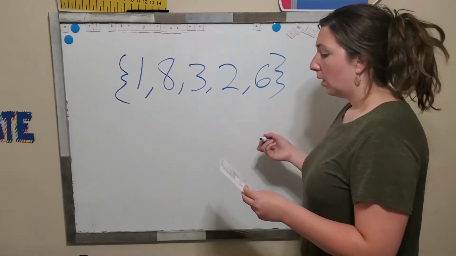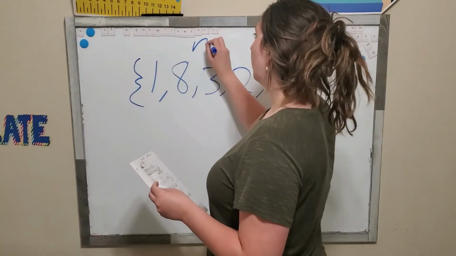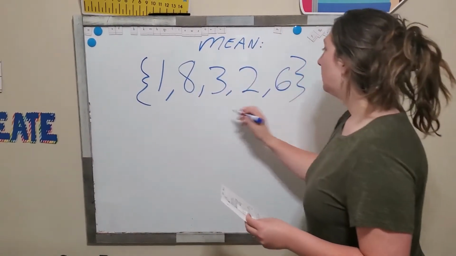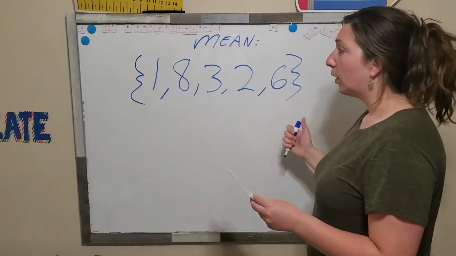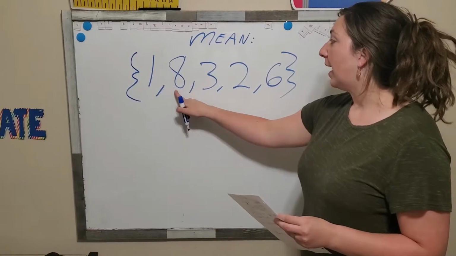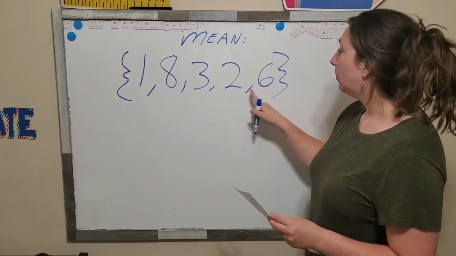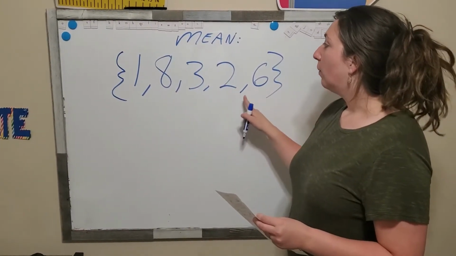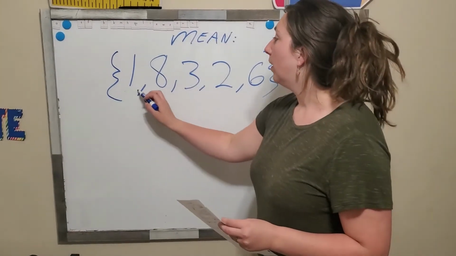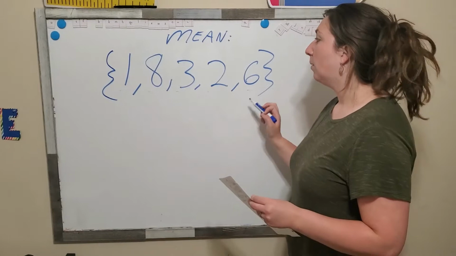If we want to find the mean, we simply add 1 plus 8 plus 3 plus 2 plus 6, and then divide by how many numbers are in the set. There are 1, 2, 3, 4, 5 numbers in this set.